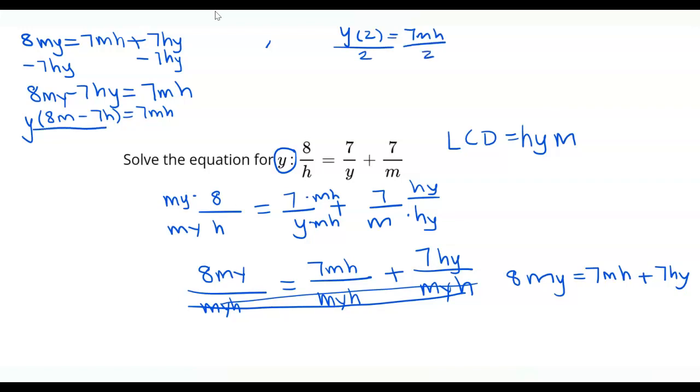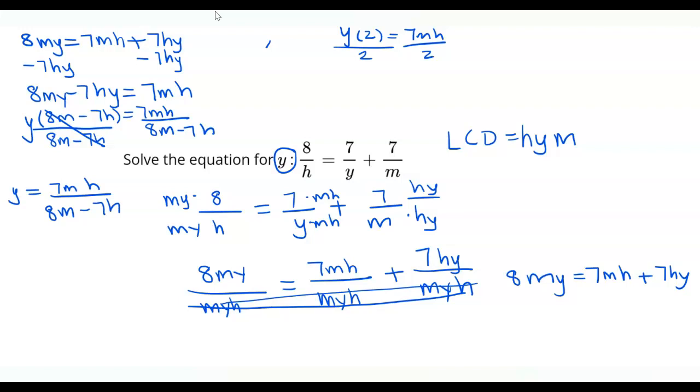So similarly, to get y by itself, I'll just divide by that 8m minus 7h on both sides. So those would cancel, so then our final answer would just be y equals 7mh over 8m minus 7h.